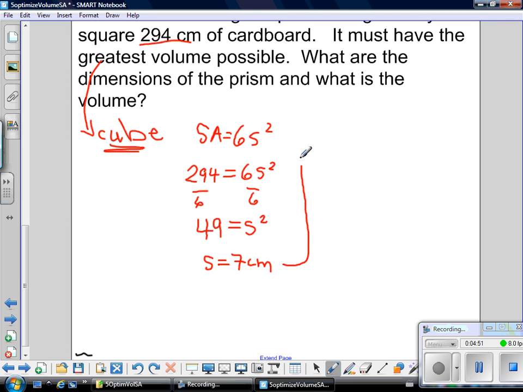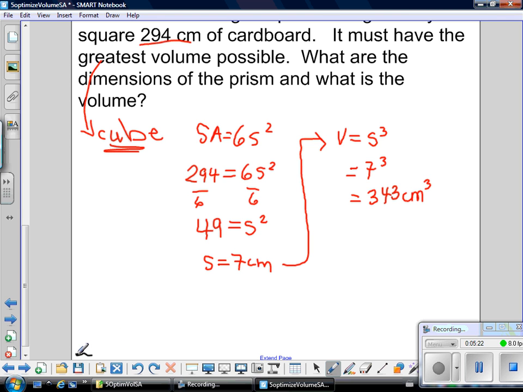Then what we need to do is the volume, which was s cubed. So I'm going to take 7 and cube it. We end up with 343 centimeters cubed.